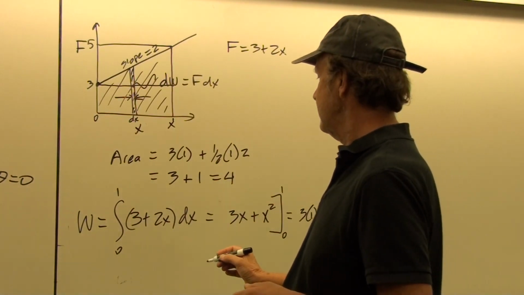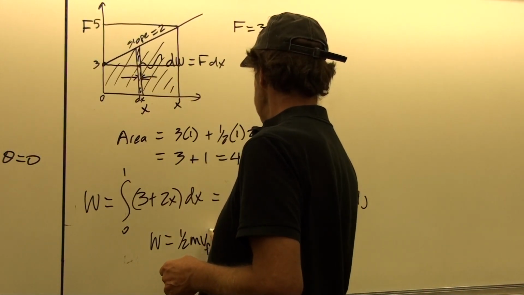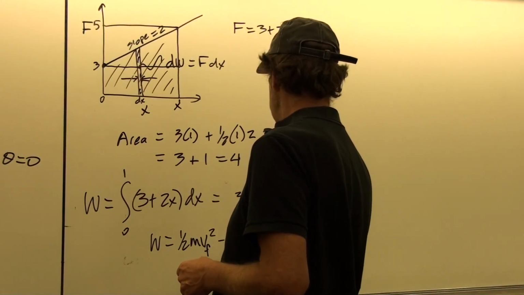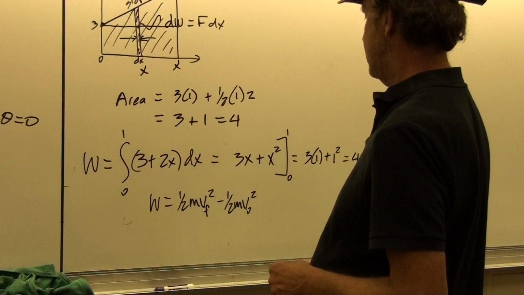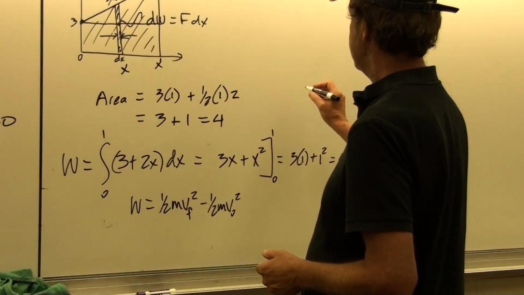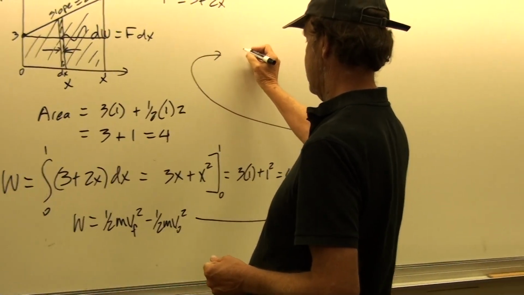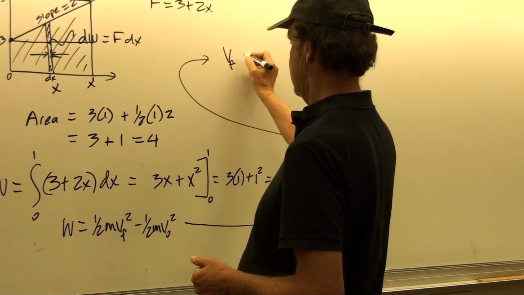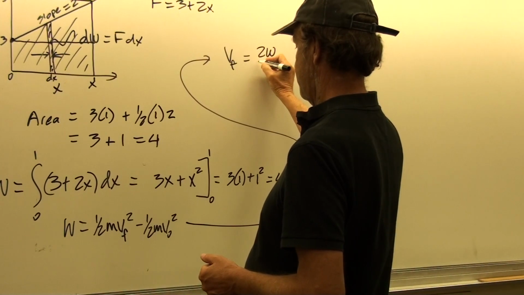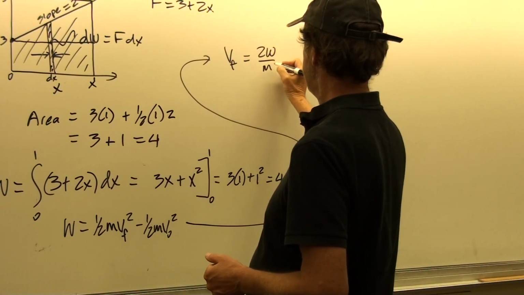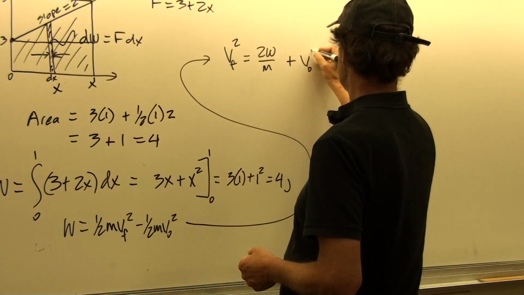And so that 4 joules for the work is equal to 1/2 mv final squared minus 1/2 mv initial squared. And so if again we're solving now for the final velocity, following through the algebra here, v final is equal to the square root of 2W over m plus v initial squared.